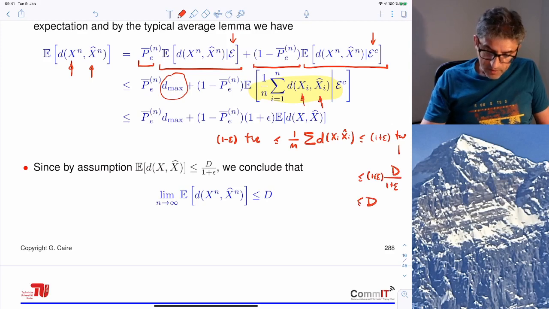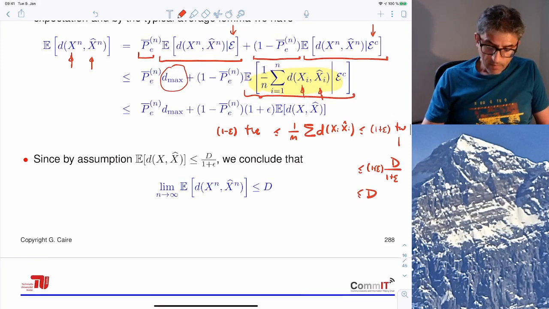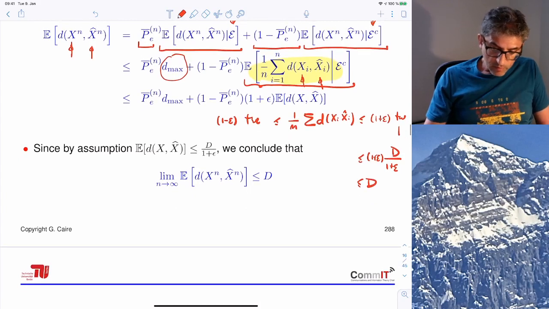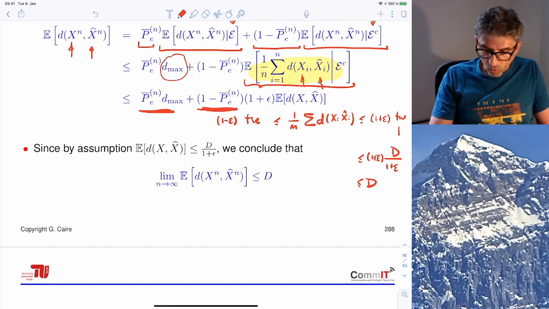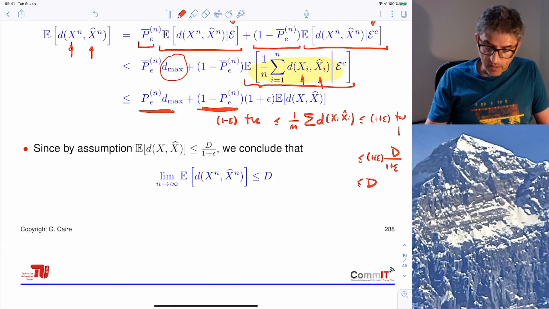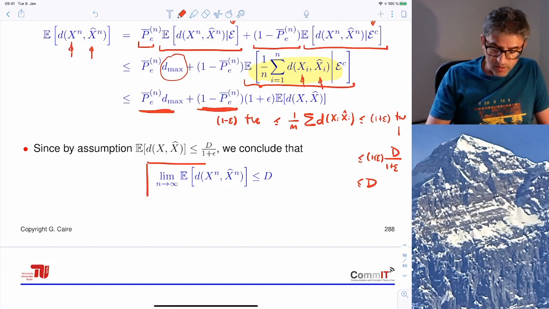So at the end, this term is less or equal than d. Since this part tends to 0 and this part tends to 1, and 1 plus epsilon times this thing is less or equal than d, we conclude that these schemes achieve distortion d.